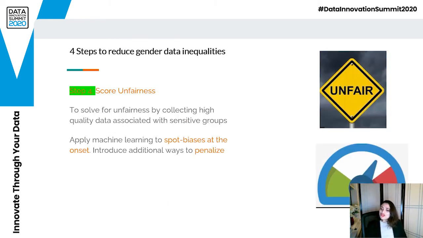Step four, score unfairness. What I mean by that is, to solve for unfairness by collecting high quality data associated with sensitive groups, I'm proposing to apply machine learning to spot these biases at the onset, and introduce additional ways to penalize not just the algorithm's misclassification or inaccuracy in scoring, but to add an additional contributor that scores unfairness.